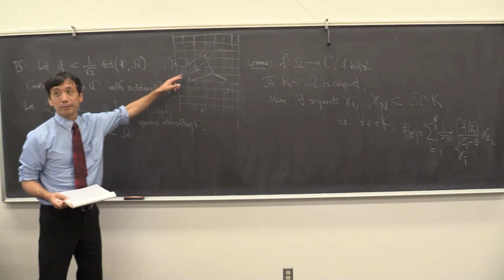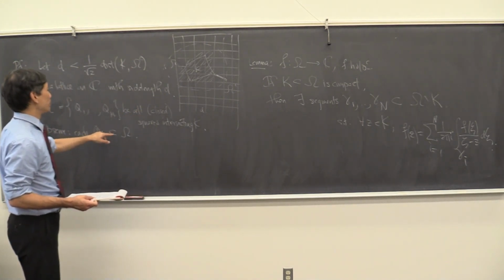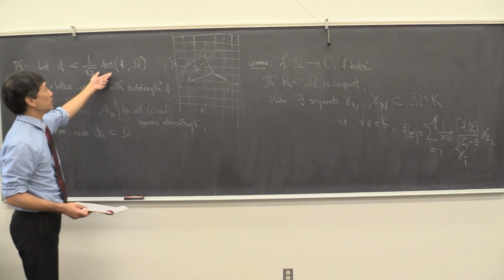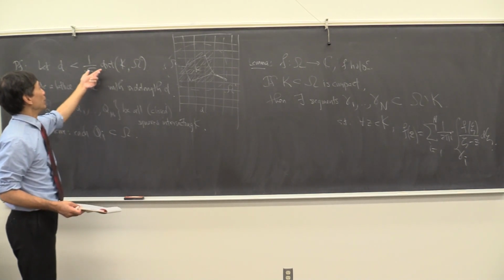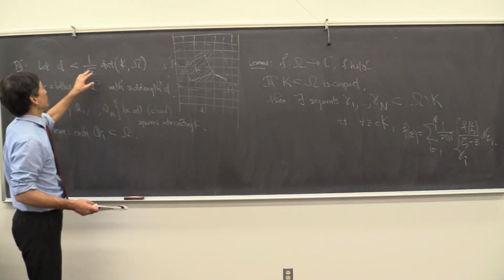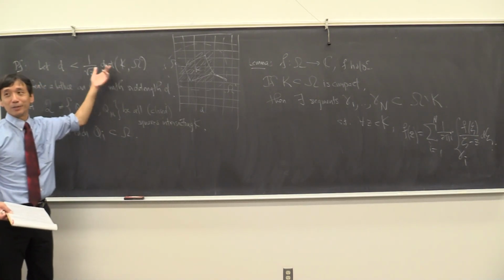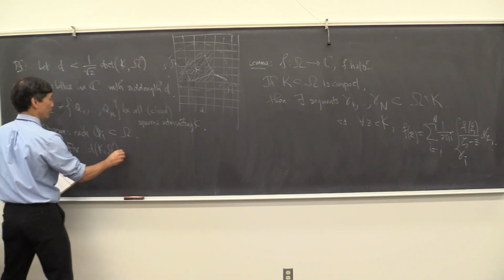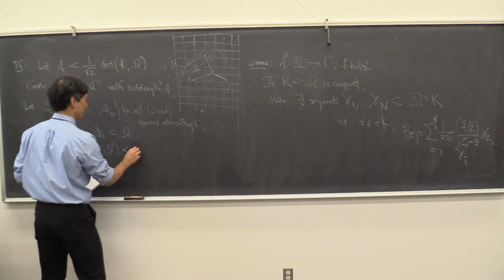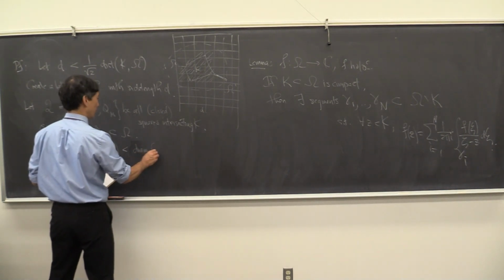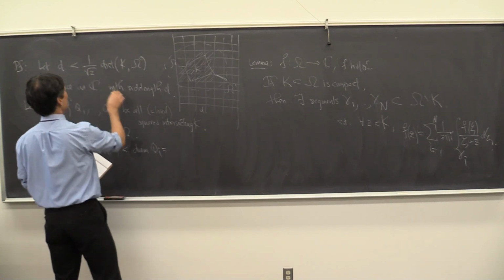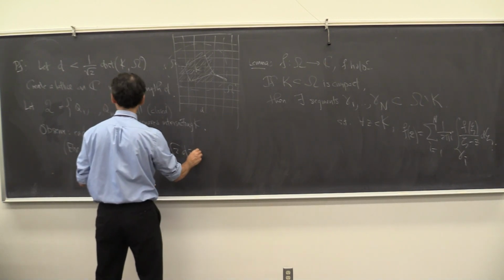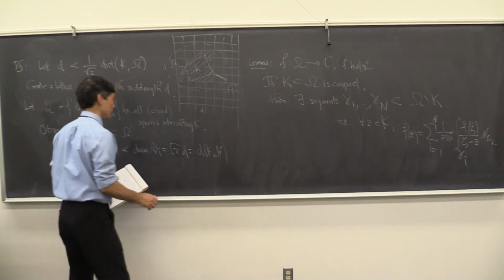Because each of them intersects K. If they intersected omega complement, that would mean that the distance from K to omega complement would be smaller than the diameter of Qi, which is root 2 times D, which would give us a contradiction.